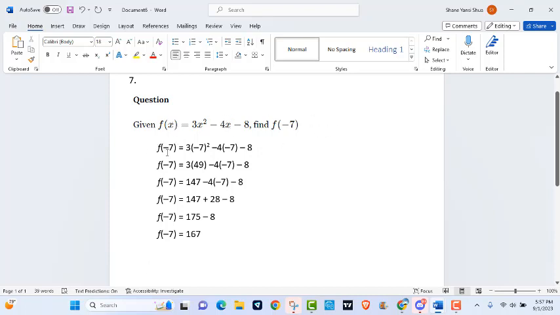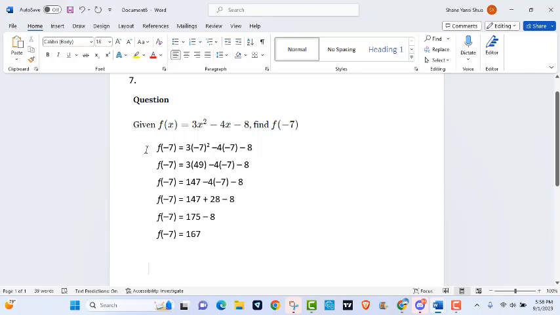So f of negative 7 will be 3 times negative 7 squared minus 4 times negative 7 minus 8. Okay, we substituted in the negative 7 wherever we saw an x.